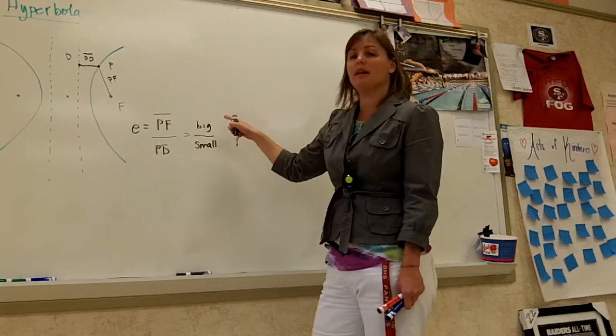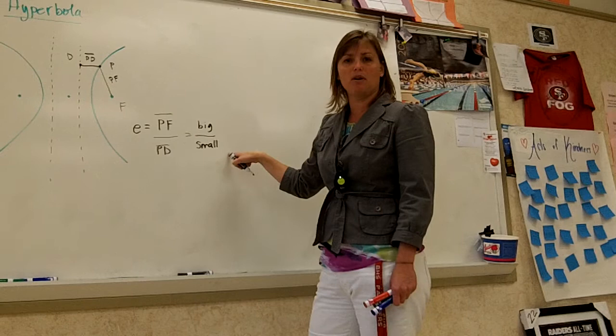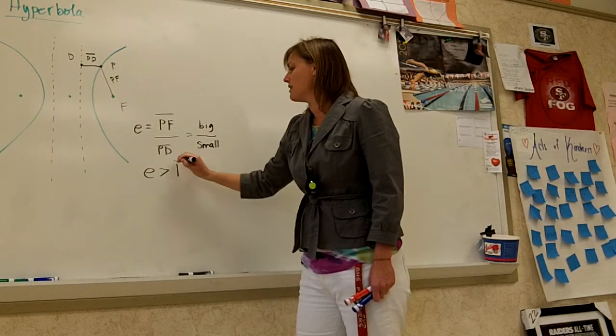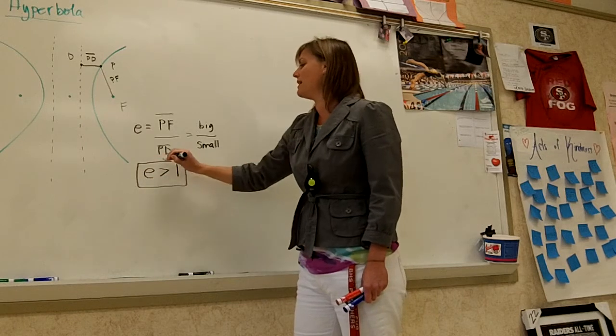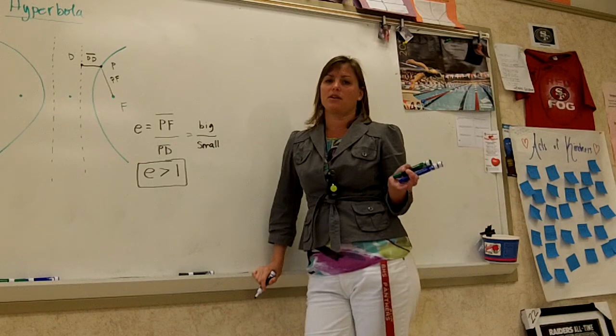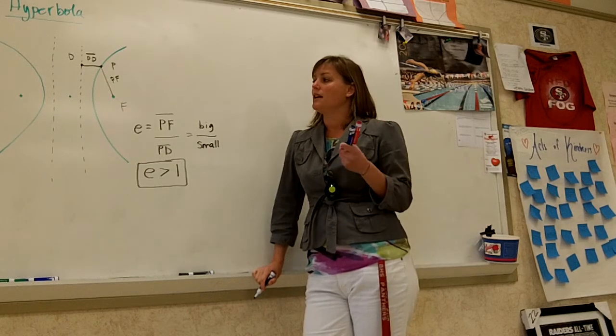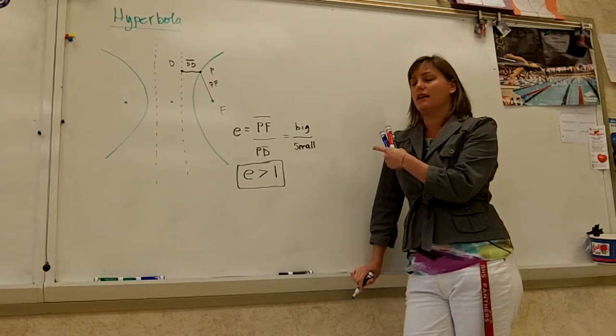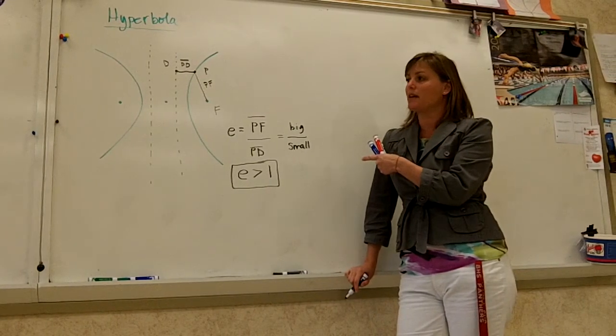So what happens if you have some bigger number divided by some smaller number? Well, that's always going to be some number greater than 1. So if I'm talking about a hyperbola, the eccentricity is always some number bigger than 1. So ellipse, less than 1; hyperbola, eccentricity is bigger than 1.